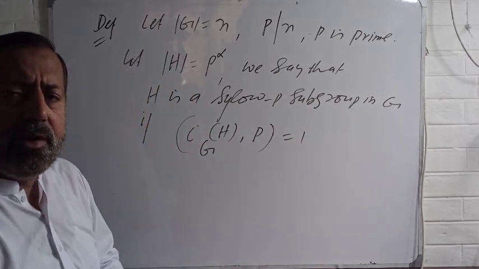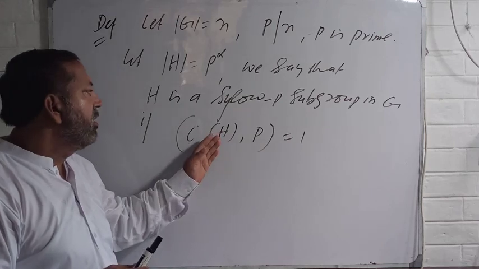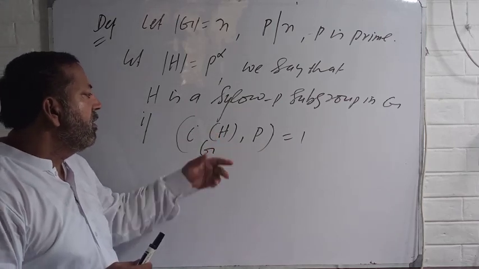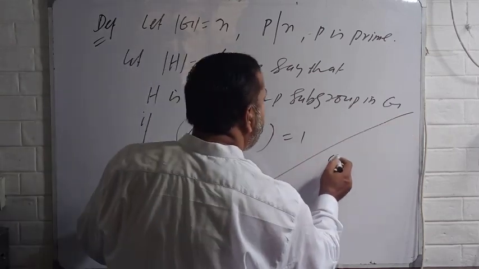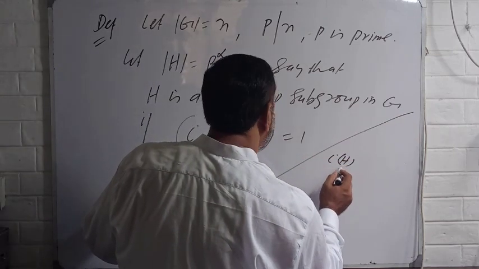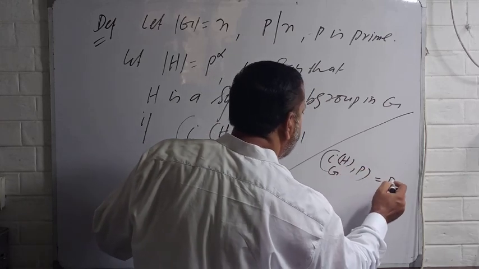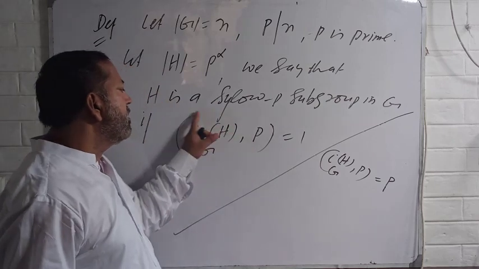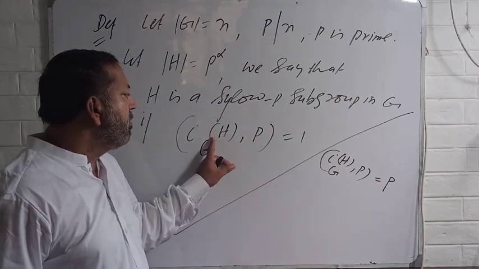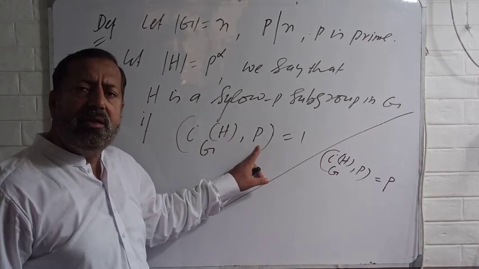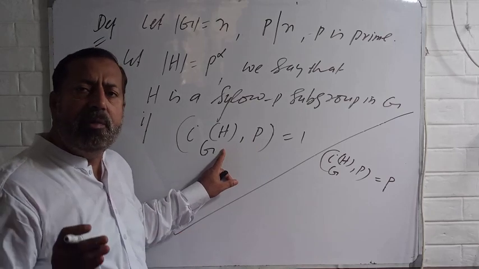This is the equivalent condition of saying that no higher power of p would divide the order of H, because if on the contrary, you see, the relation between any number and a prime is that either p divides that number or p and that number are relatively prime.